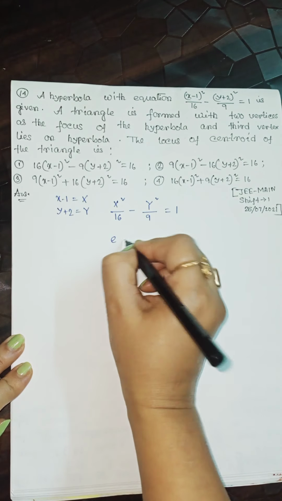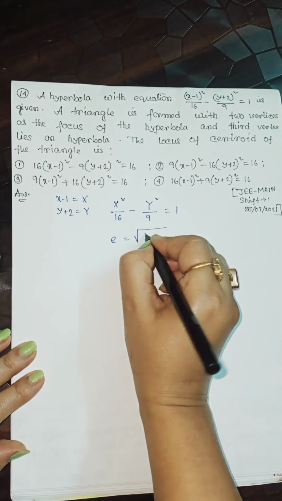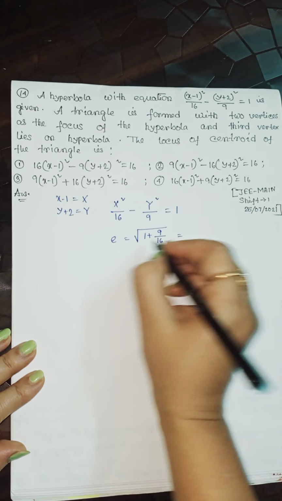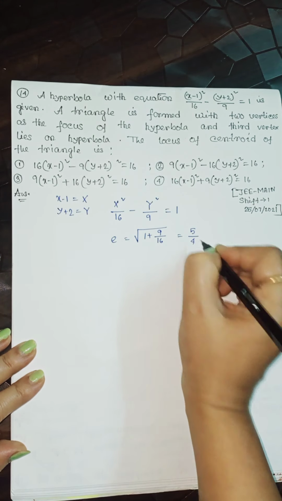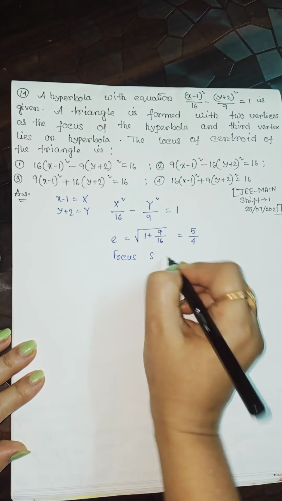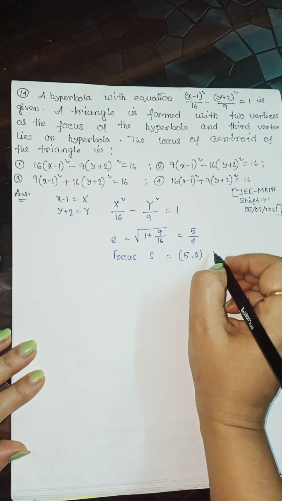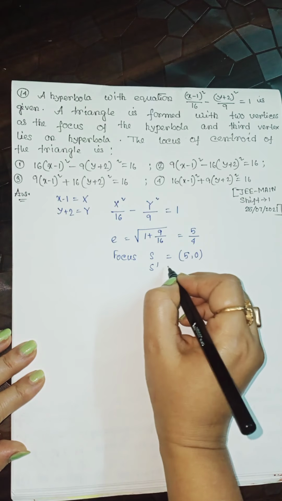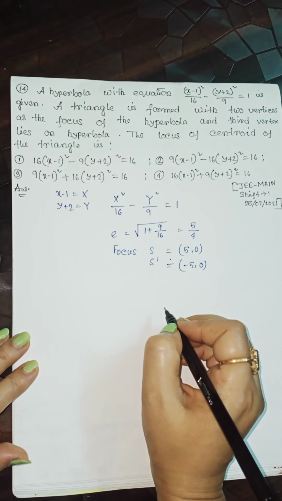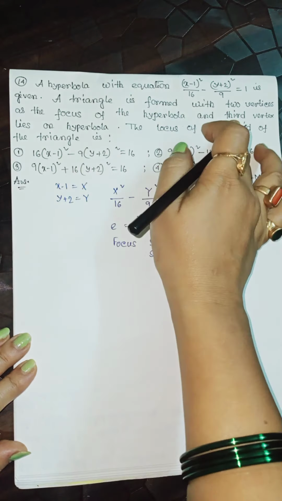So now the eccentricity e is equal to root over 1 plus 9 by 16, which is equal to 5 by 4. So now what are the foci? The focus S is equal to (5, 0) and S dash is equal to (minus 5, 0).